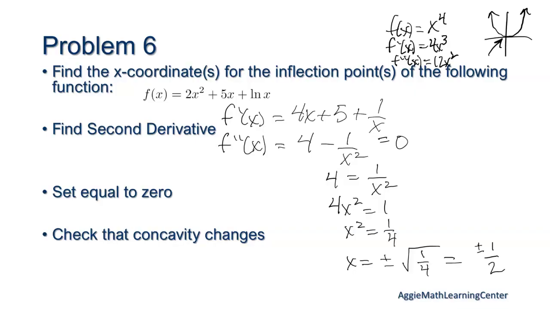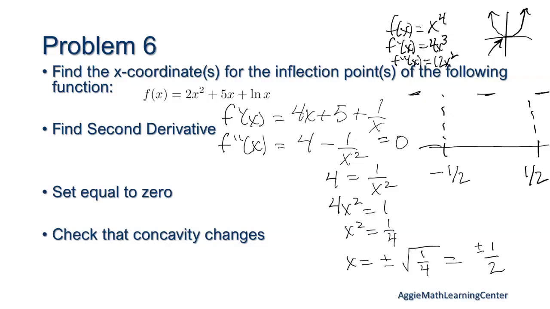It's kind of like the critical points. Everywhere the derivative is 0 is a critical point, but it's not necessarily a local min or max. Everywhere where the second derivative is 0 is not necessarily an inflection point. So we need to double check that it actually changes concavity. So I could set up my number line, and I could plug in something in this interval and this interval to see what the concavity is.